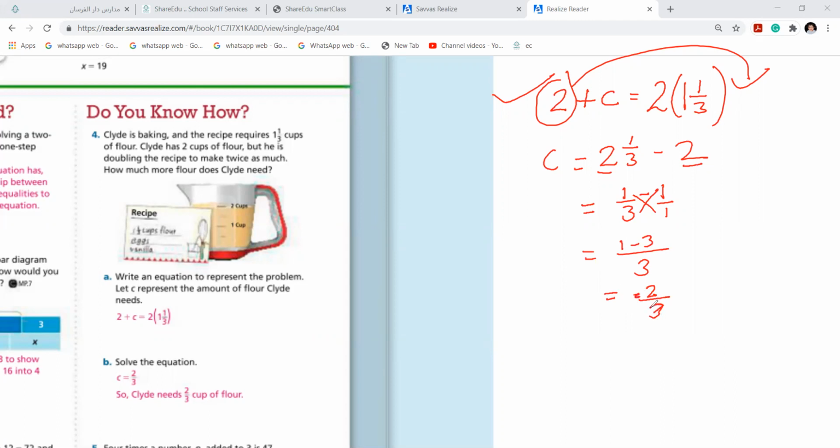That is 2 over 3 cup of flour. This is your B, and that was your A. So write down: Clyde needs 2/3 cup of flour more.